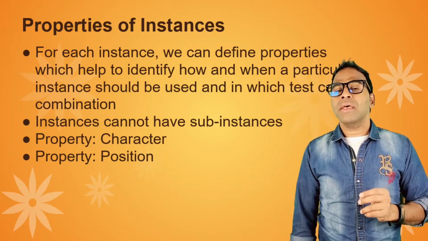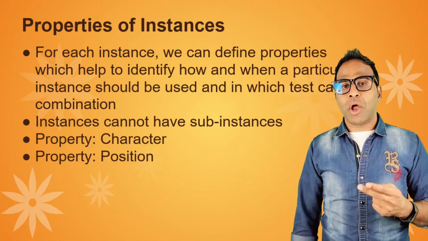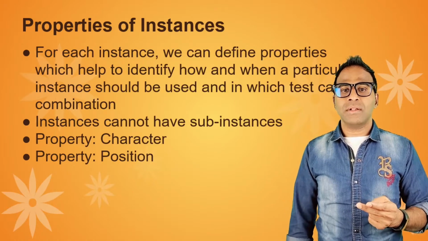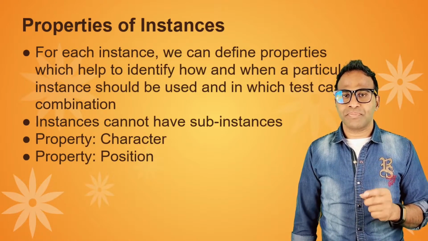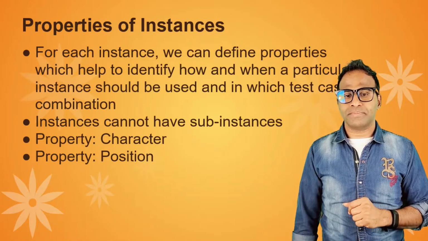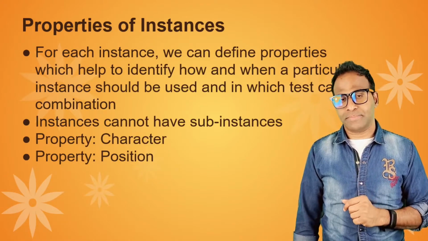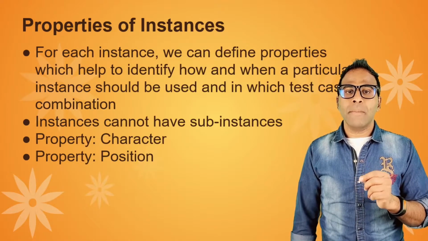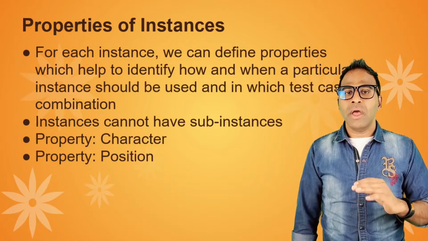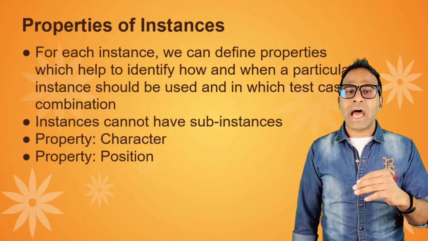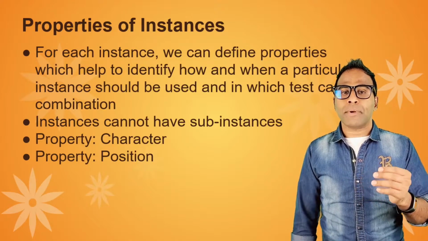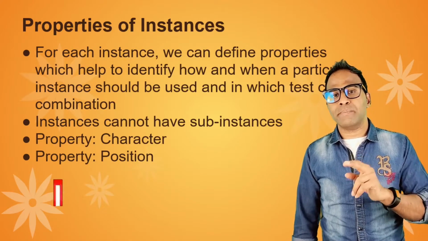There are two types of properties available for any given instance. The first one is the character property, and the second one is the position property. So any defined instance will have these two properties, character and position.